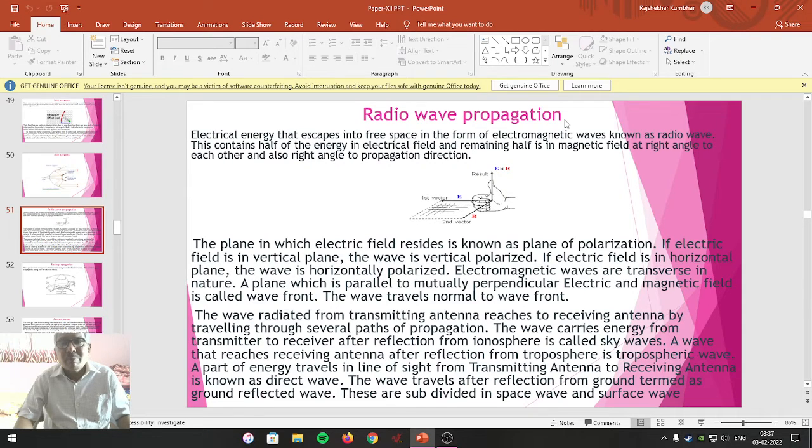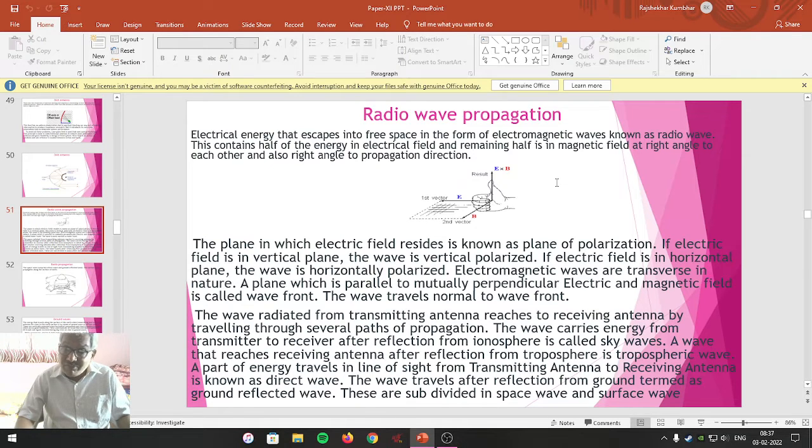Dear students, the electrical energy which escapes from the transmitting antenna in free space in the form of electromagnetic waves is known as radio waves.